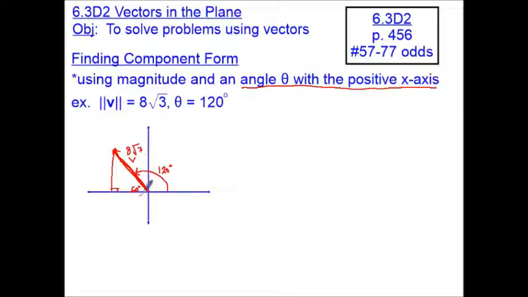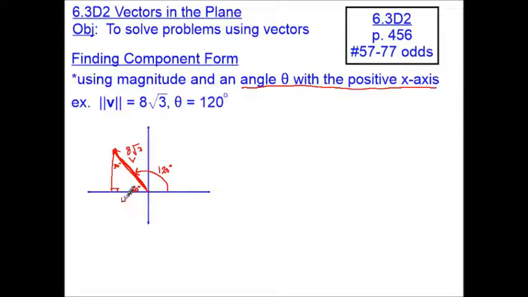Hopefully that 60 degree angle cues something in your head: I've got a 30, 60, 90 triangle here. There's my 30, there's my 60. If I draw straight down, I get a 90 right there. From there, all I have to do is my 30, 60, 90 stuff. The 8 root 3 is my hypotenuse, so to get to my short side, I divide by 2.